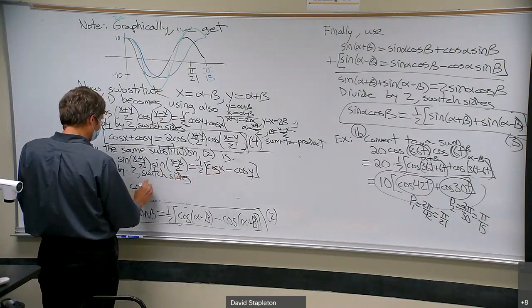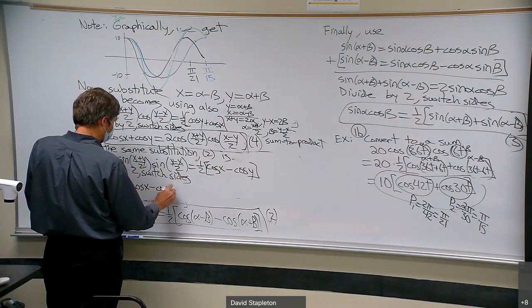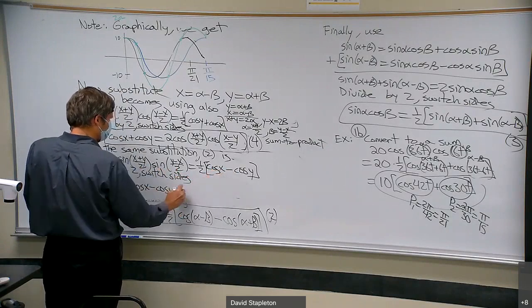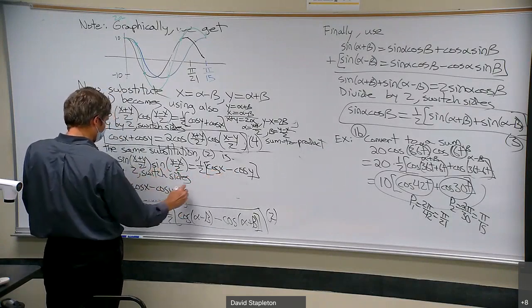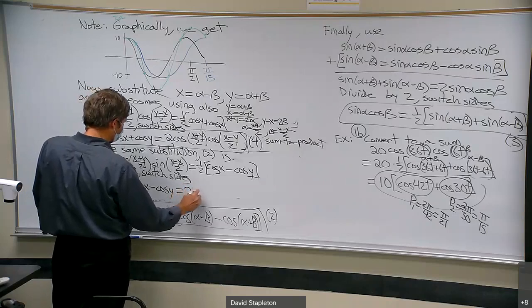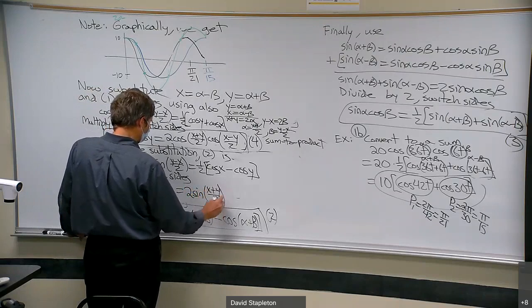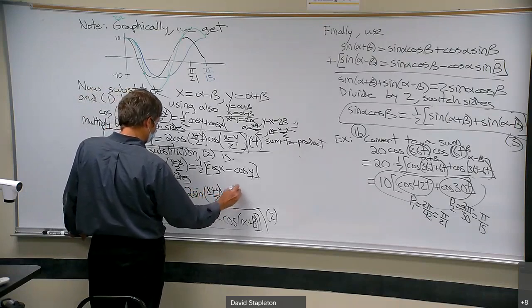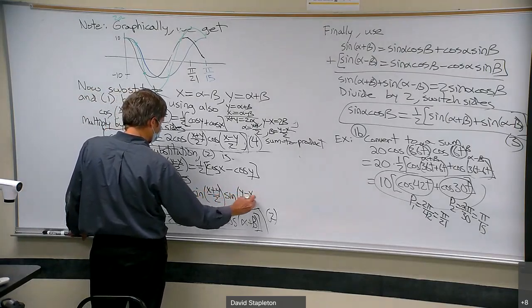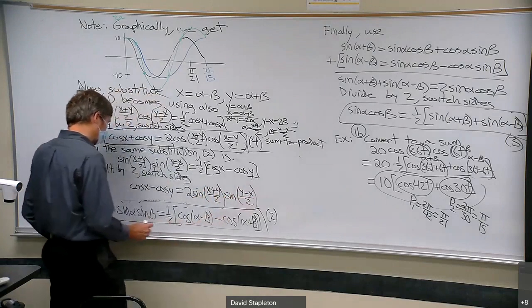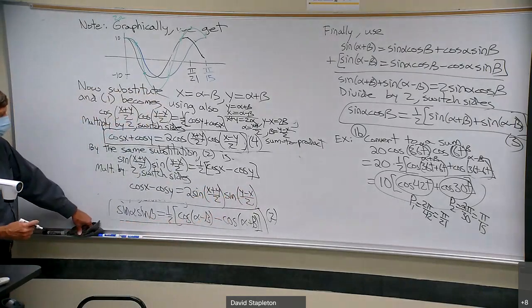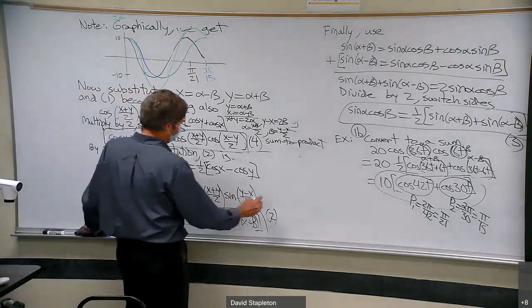Cosine x minus cosine y, this one, multiplied by 2 becomes this one multiplied by 2: twice sine x plus y over 2 and sine y minus x over 2. We call that equation 5.